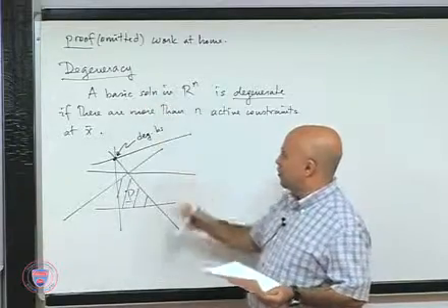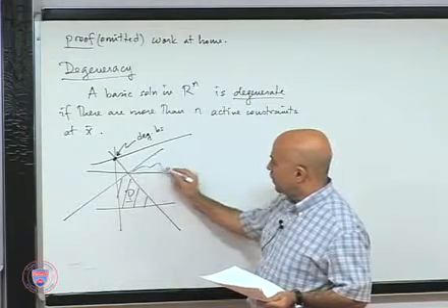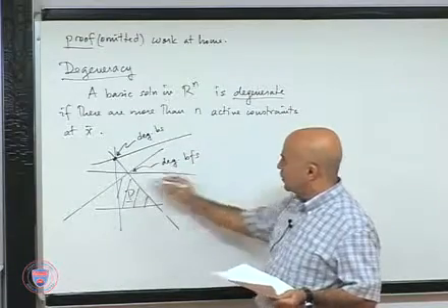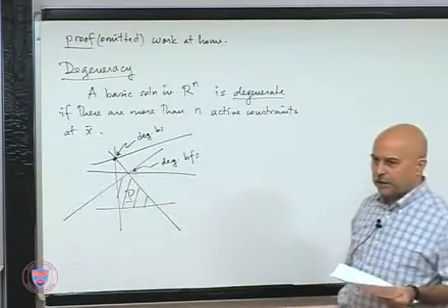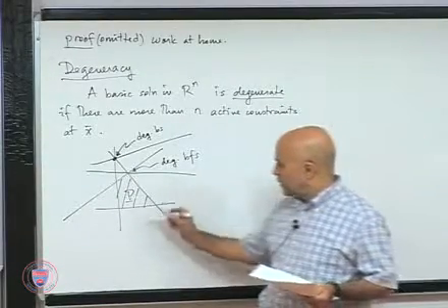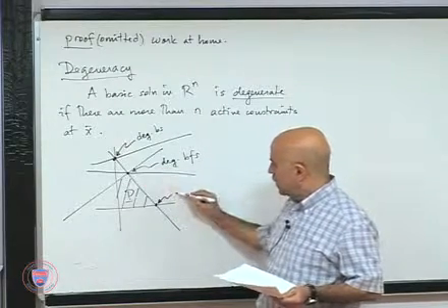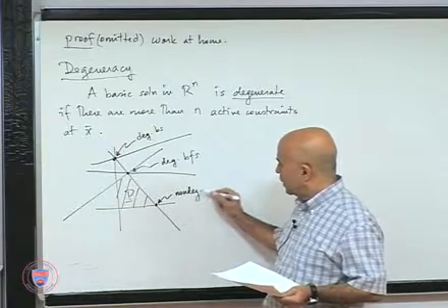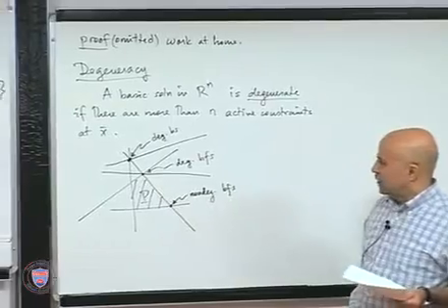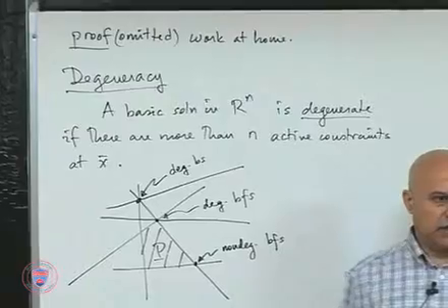This particular one here is a degenerate basic feasible solution. It's part of the feasible set, in the polyhedron. And this point here is a non-degenerate basic feasible solution. Why are these degenerate? Because you've got more than 2 intersecting.